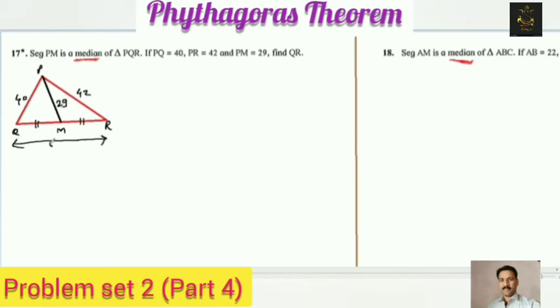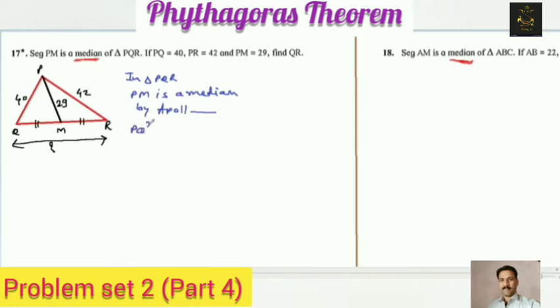Okay friends, just try to observe here. This is by using Apollonius. Okay, let's solve. In triangle PQR, PM is a median. Because of that, by Apollonius, what can we get here now?